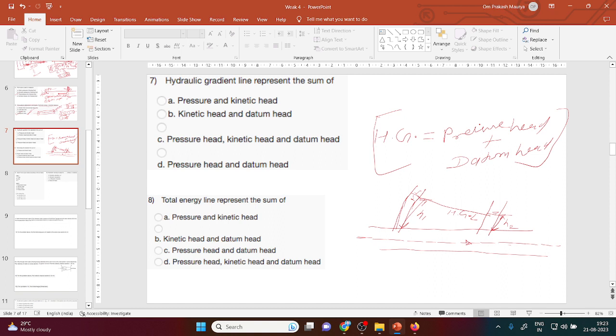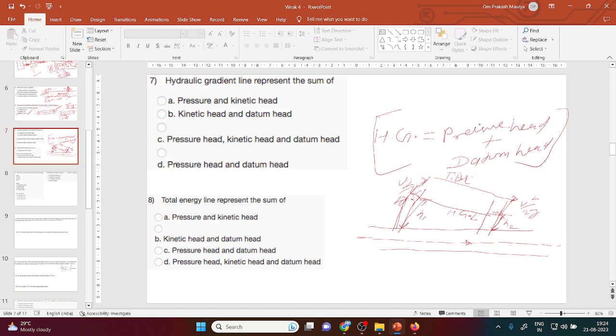But height should be due to only the pressure and datum. But in case of the total energy line, your height also includes V square by 2g. So this line represents the total energy line.